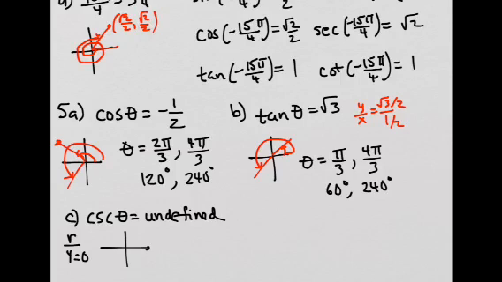Okay, so that would be right here at 1, 0, and right here at negative 1, 0. Okay, so remember we're looking for the angles, not ratios. So the angle would be 0 in radians and pi. In degrees, it would be 0 degrees and 180 degrees.